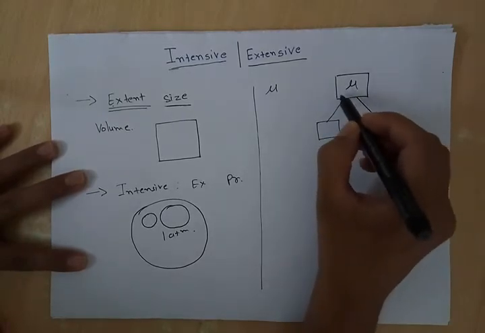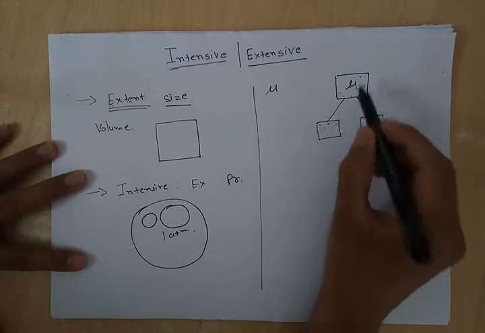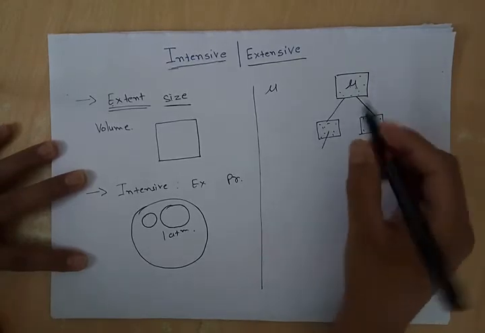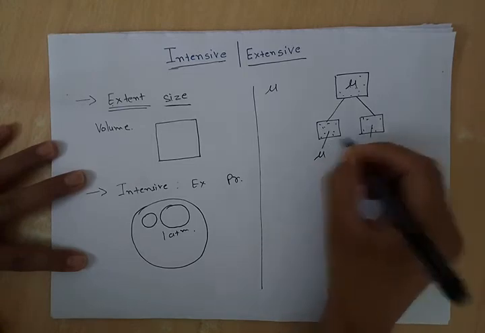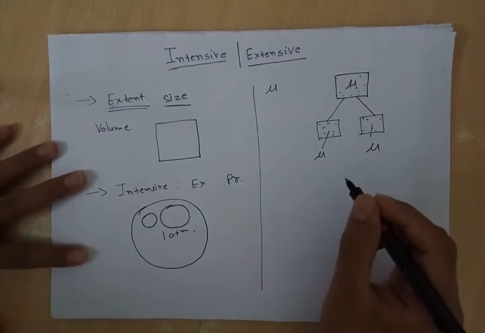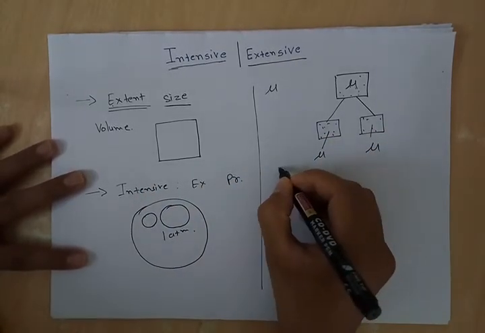So let us say we have water inside the box, and if we divide this box into two parts, water will have the same viscosity in both the boxes. So this is an intensive property.